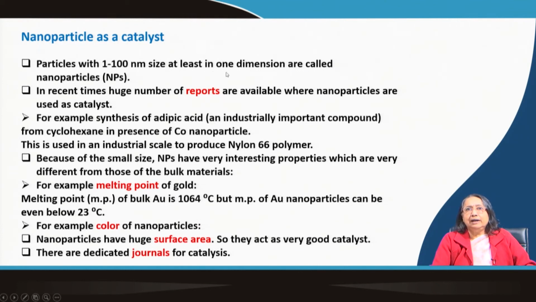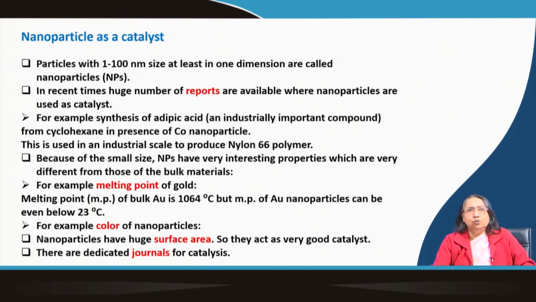Why did I say in one dimension? Because, say for example, you can think about one wire. Say the diameter of that wire is 50 nanometer, but the length of the wire may be 1000 nanometer. Then my question is whether it will be called a nanoparticle or not.